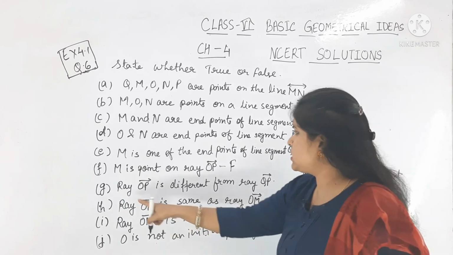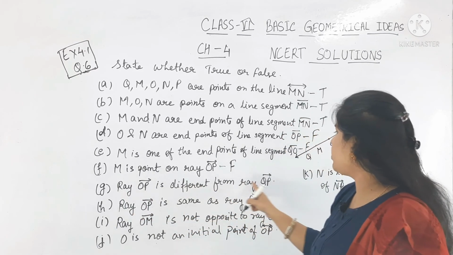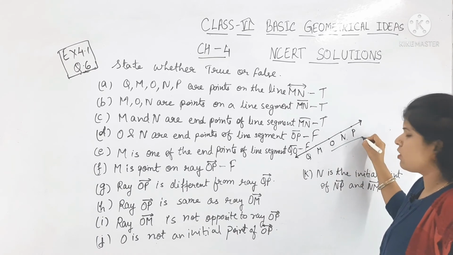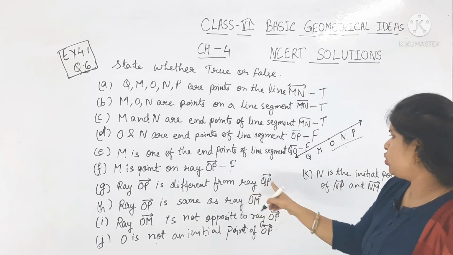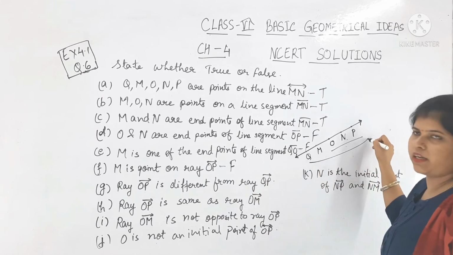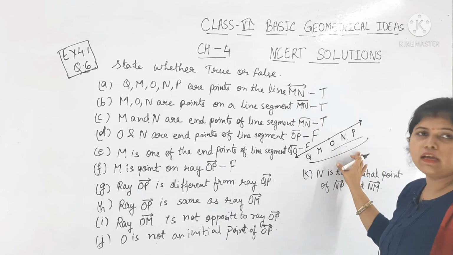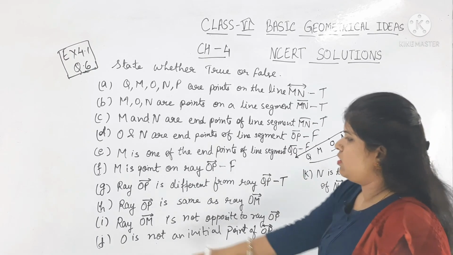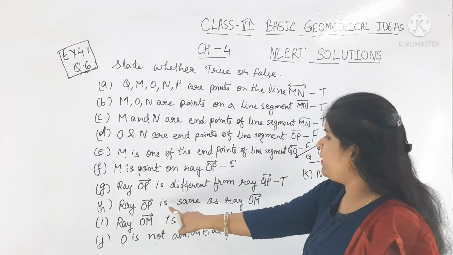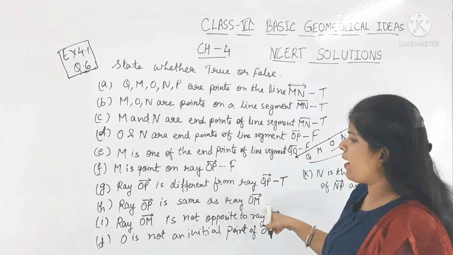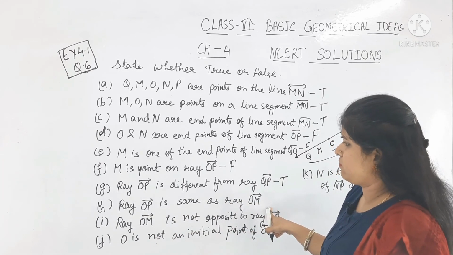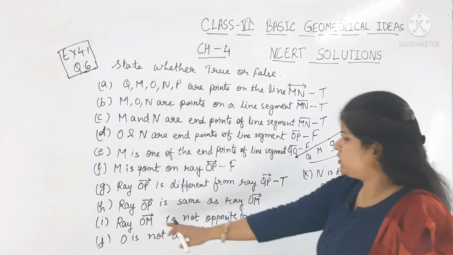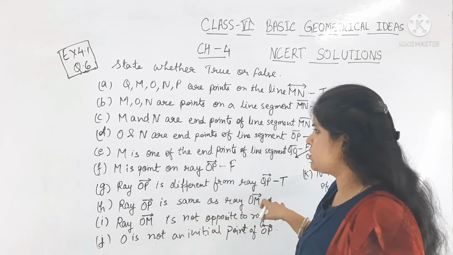Now the G is ray OP is different from ray QP. So here you can see OP is this ray, and QP is this ray. So this is different in length. So this is true. Number H is ray OP is same as ray OM. Okay students, here ray OP is same as ray OM.